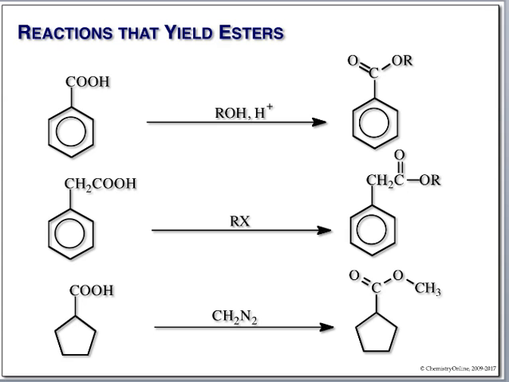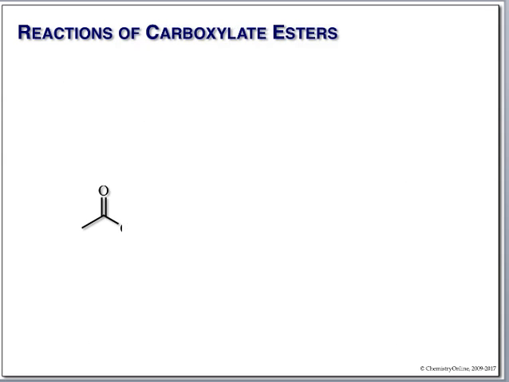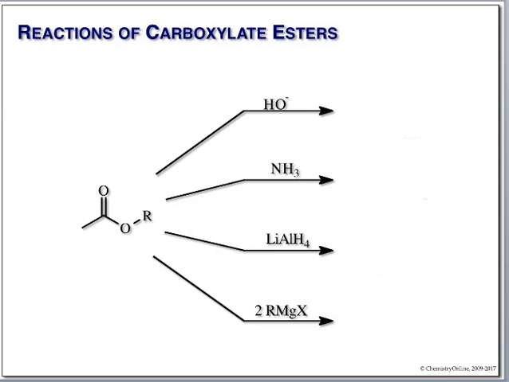All right, once we get esters, what do we do with them? Let's do our standard set here. In the presence of base, hydroxide will add, and we'll go back to the acid. In the presence of an amine, the nitrogen will add, we'll lose this guy, and we'll make an amide.